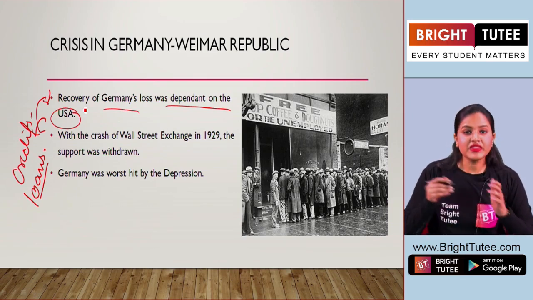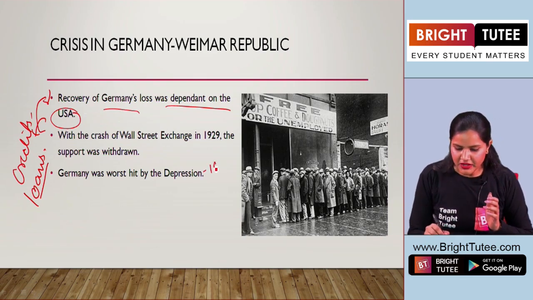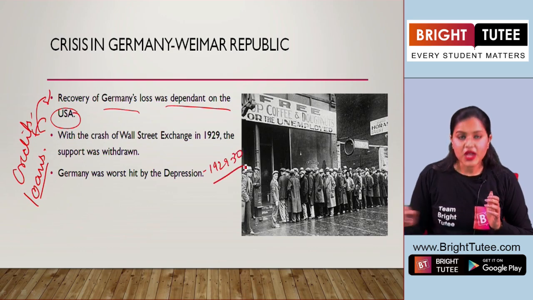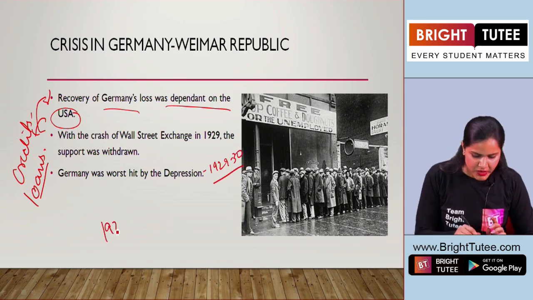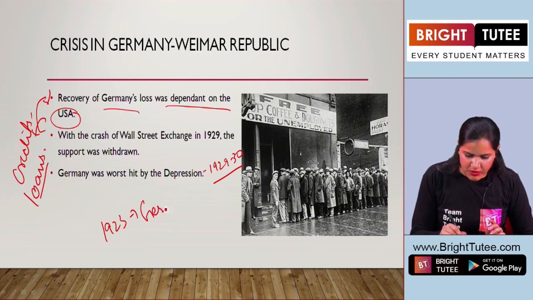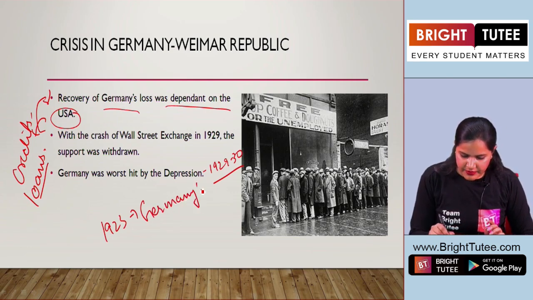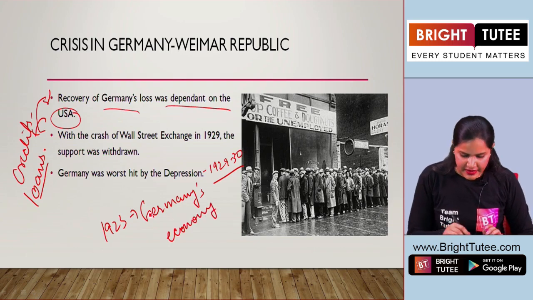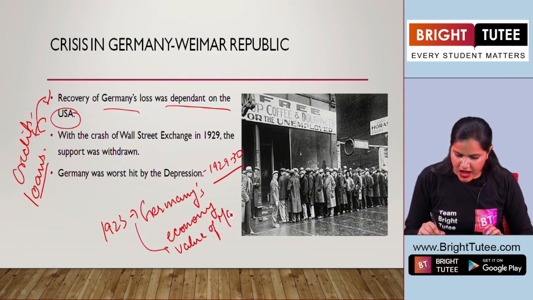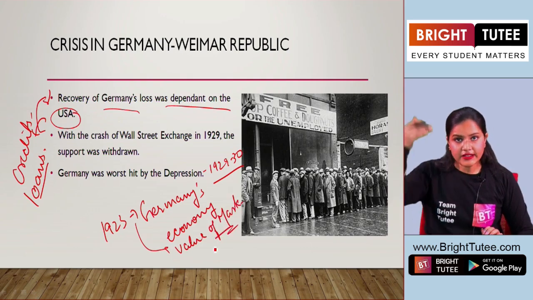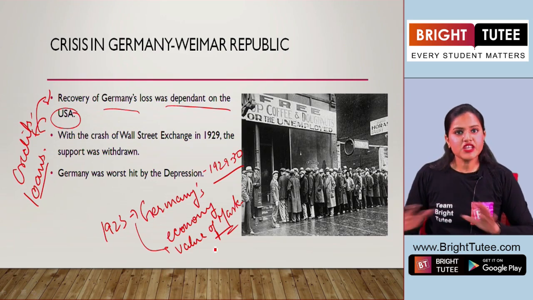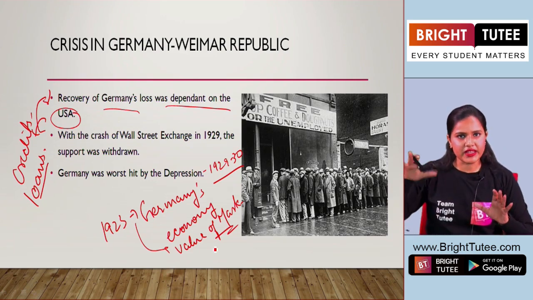Now before the Great Depression that happened here in 1929-30, we see that in 1923, Germany's economy was quite bad. Why? Because the value of the mark again dropped in Germany, right? So the whole economy here is dwindling, right?